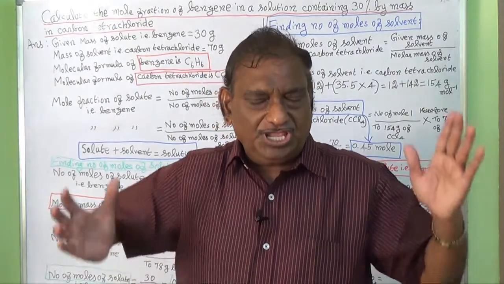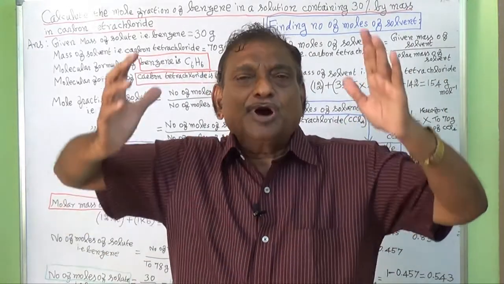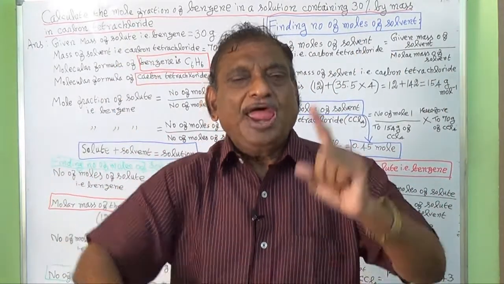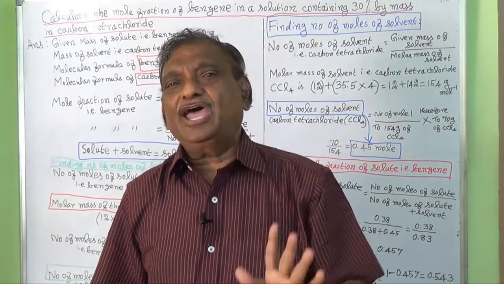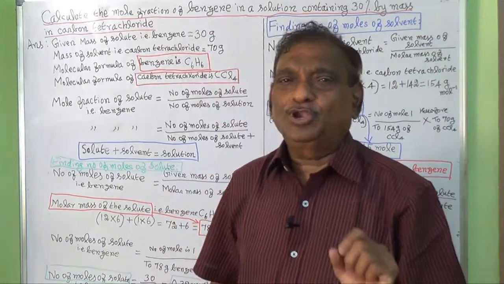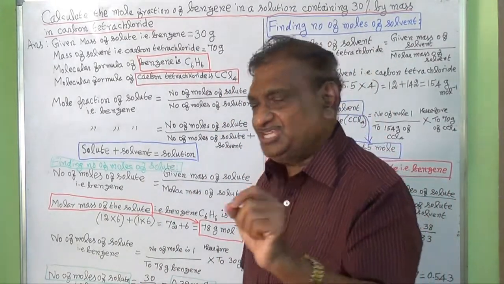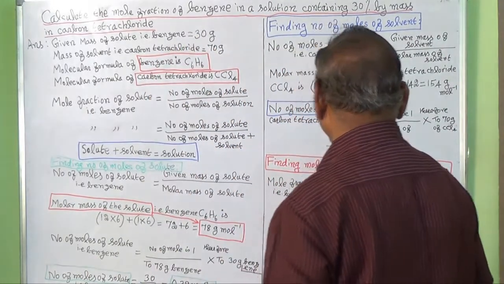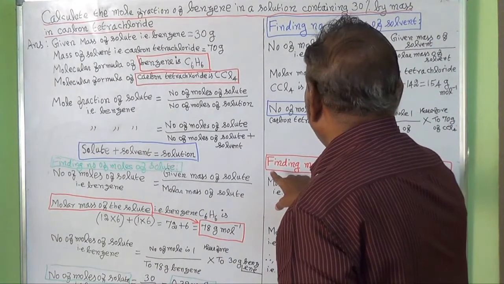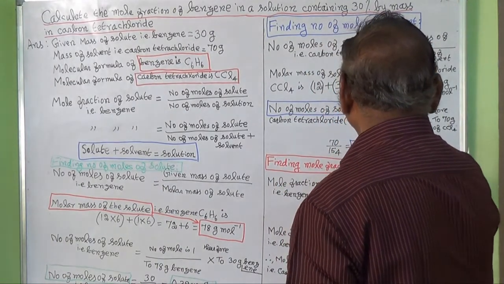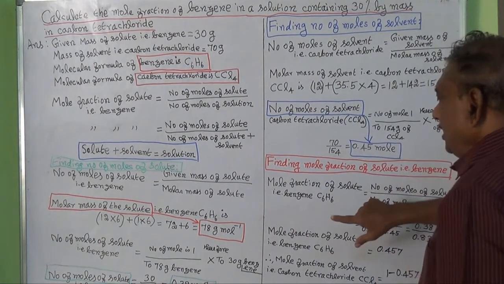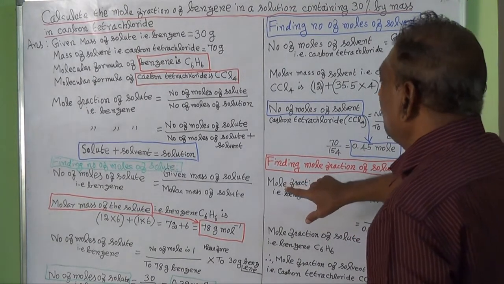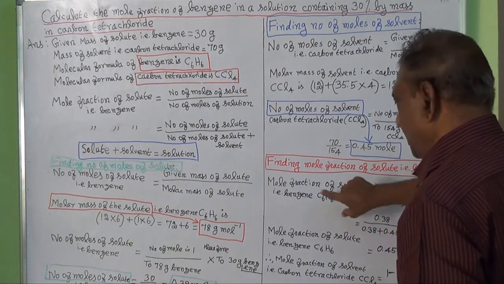On substituting these two, the number of moles of the solute and the number of moles of the solvent, we can find the mole fraction of the solute, that is benzene C6H6. Once again, the formula for mole fraction of solute is written.